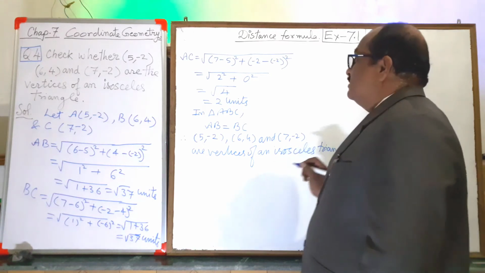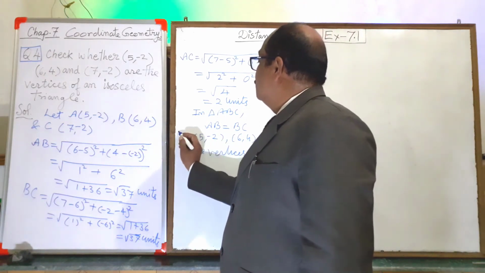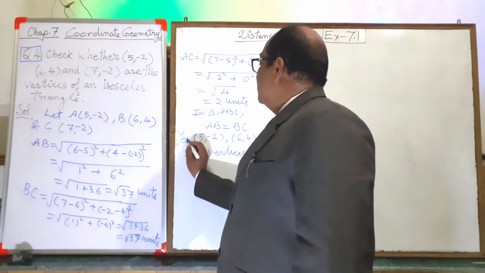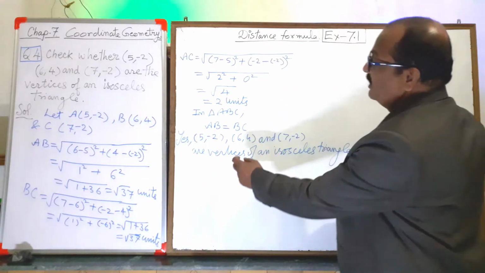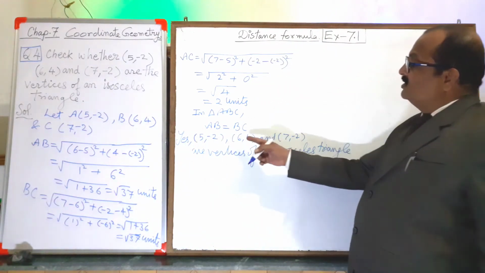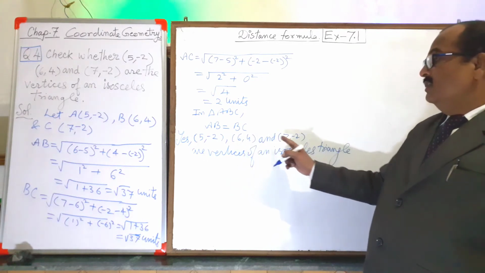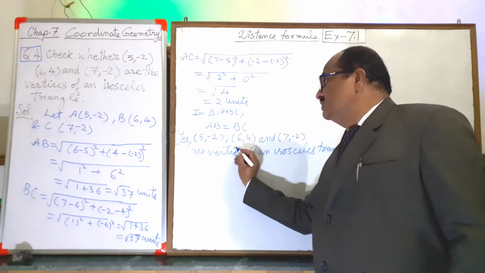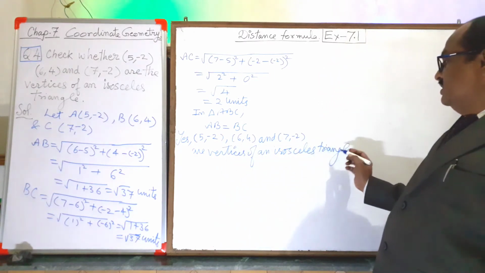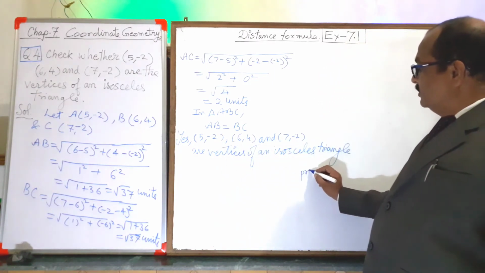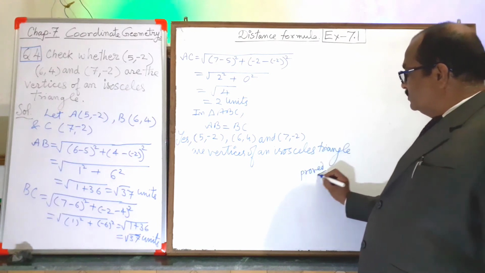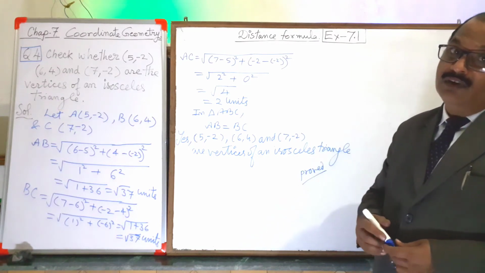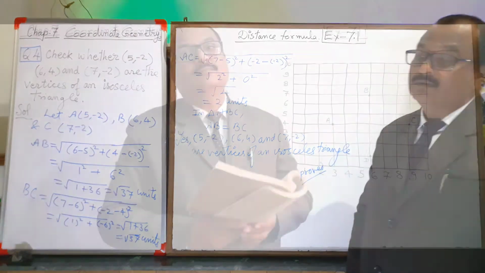So your answer will be yes. Here you can write: (5, -2), (6, 4) and (7, -2) are the vertices of an isosceles triangle, proved. So students, question number 4 now completes.